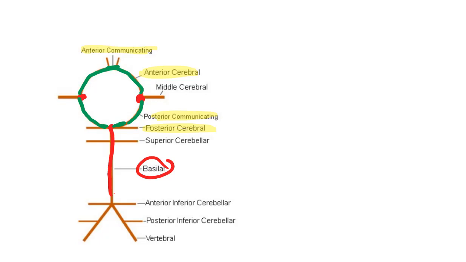So the vessels that are highlighted in yellow, anterior communicating artery, anterior cerebral artery, the posterior communicating artery, and the posterior cerebral arteries are the ones that make up the circle of Willis itself.